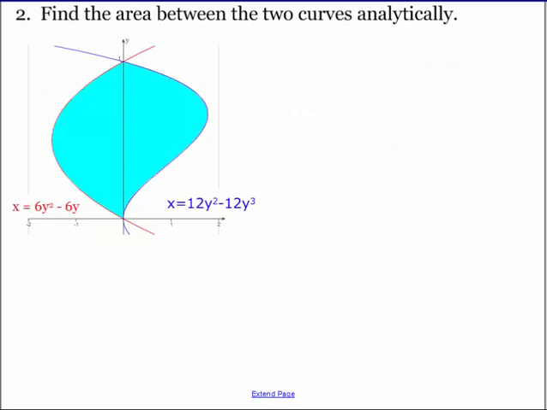So in this example, we have to integrate in relation to y, not only because the equations are all in terms of y, but the graphs, I don't know, it's kind of hard to explain. I have trouble explaining it. The graphs, one graph is not exactly on top of the other. One graph is always to the right of the other.